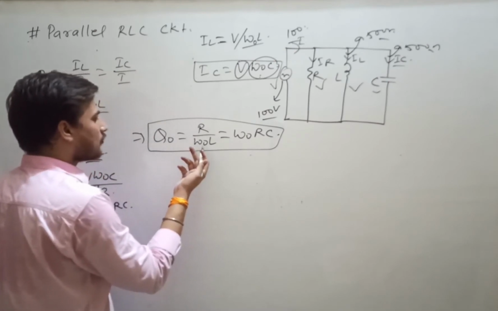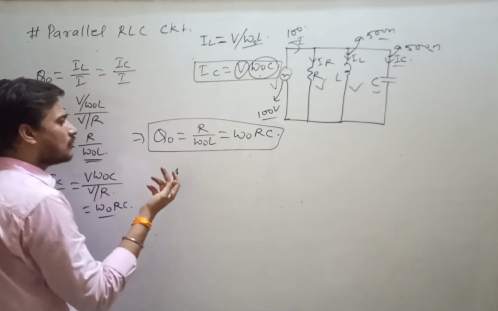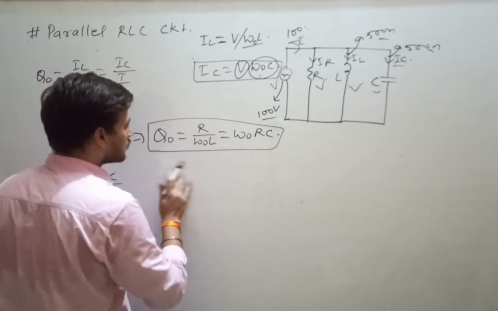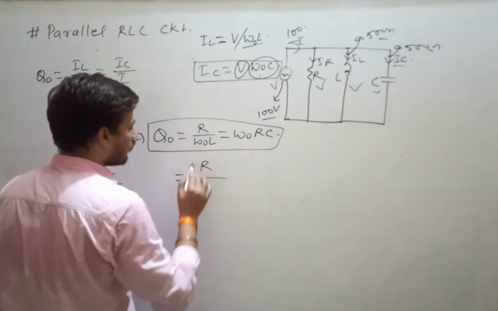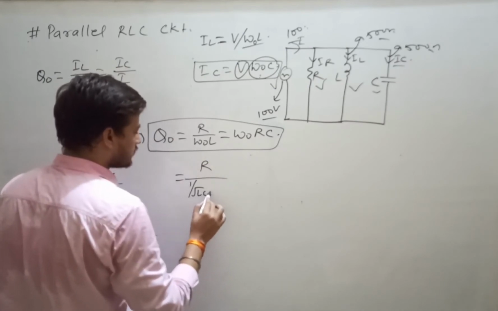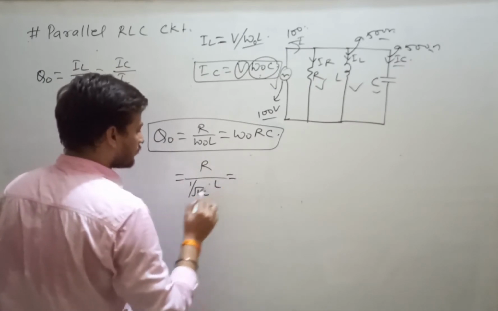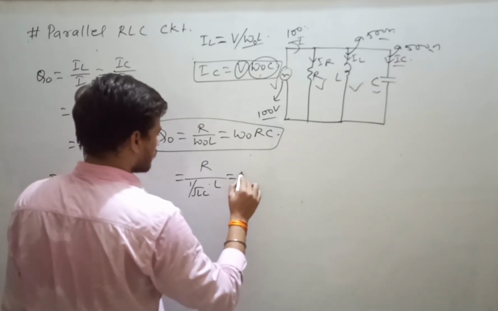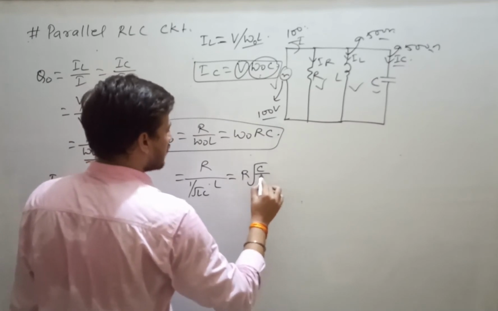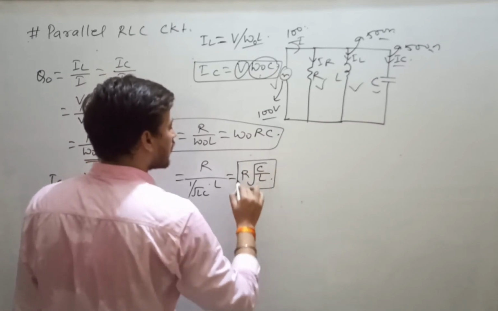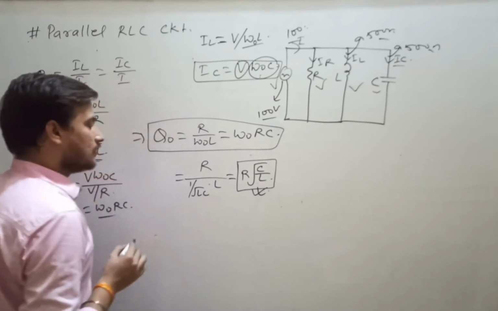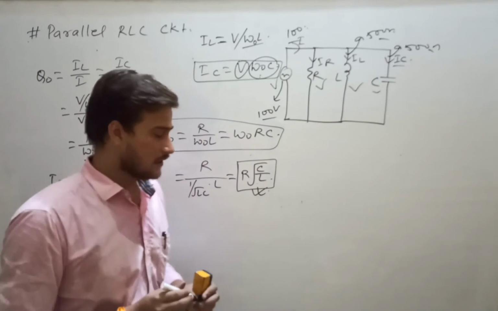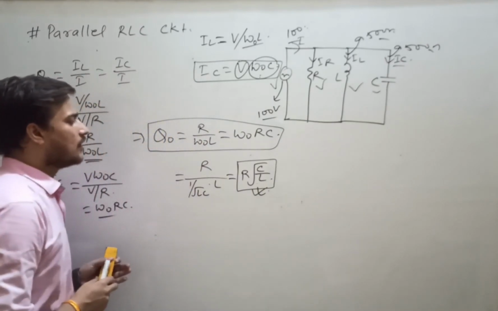R by omega naught L, R upon omega naught L. So from here, if you put the values, R divided by omega naught is 1 by under root LC into L. So from here you will get R under root C by L. It is also just the opposite of that of the series RLC circuit. Clear? It is coming opposite.